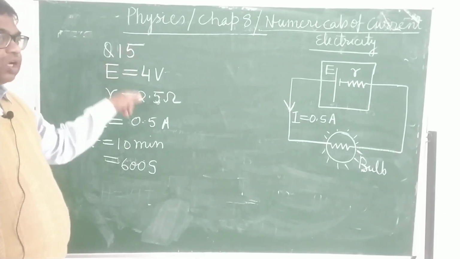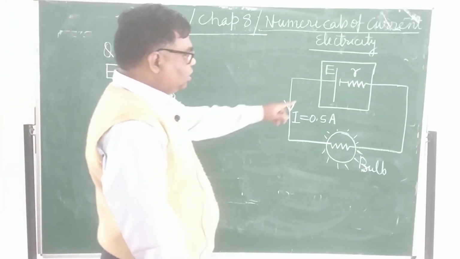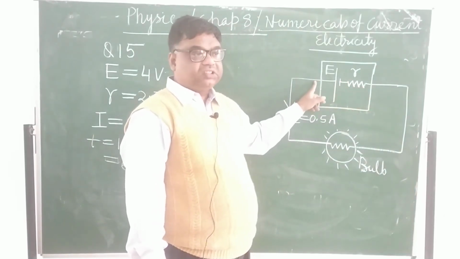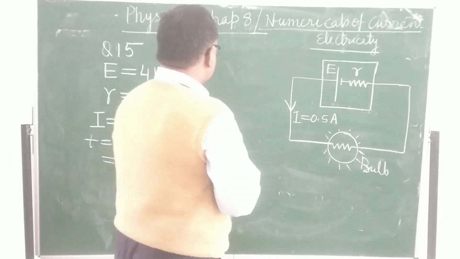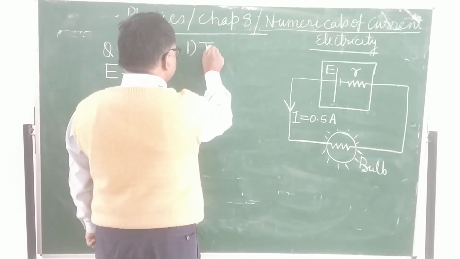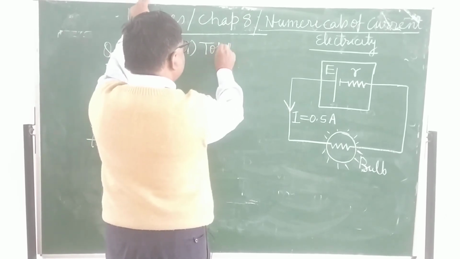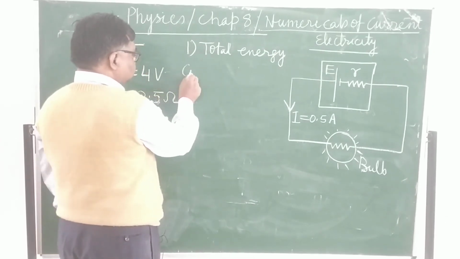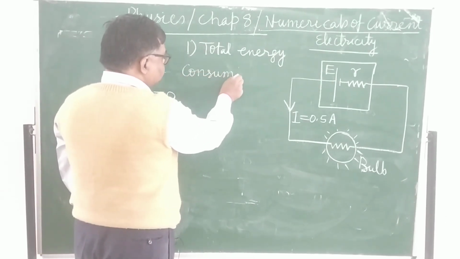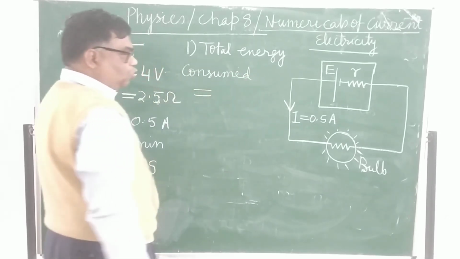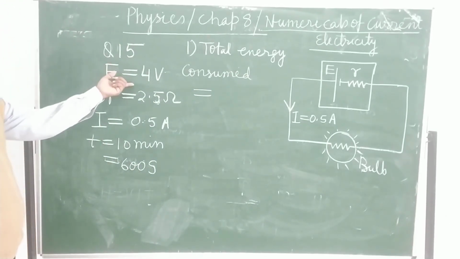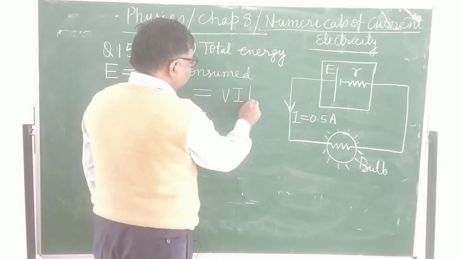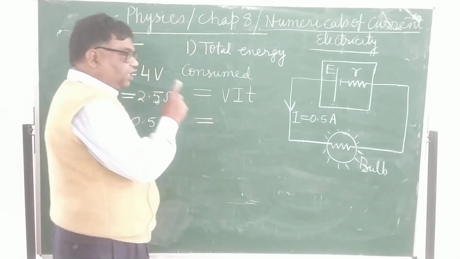You have to find the total energy consumed. Total energy consumed means which dissipates in the external circuit as well as which dissipates inside the cell. Is it clear? So total energy consumed, how will you find? There is one formula, V into I into T. Here in place of V, we will take the EMF.